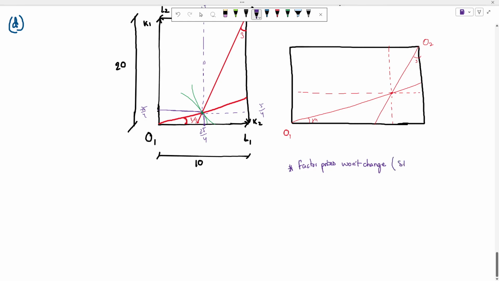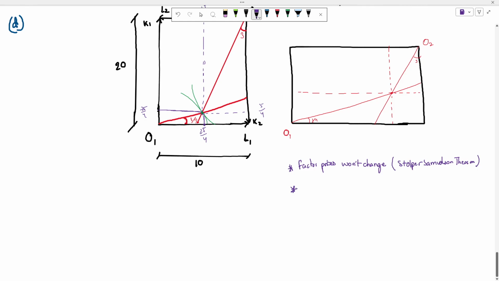That is because of the Stolper-Samuelson theorem, right? The only way the factor prices will change is if the output price changes, and since the output price is given to be 1,1 for both these economies, there is going to be no change in factor prices. It is going to stay the same.